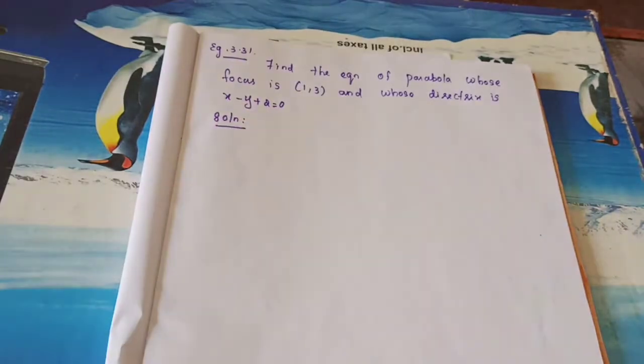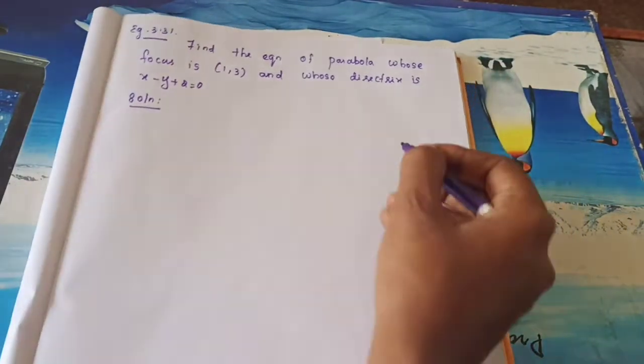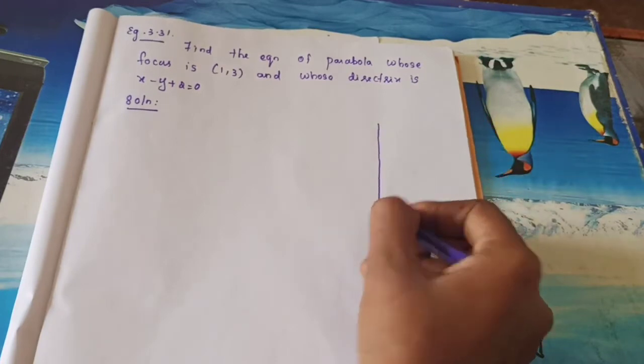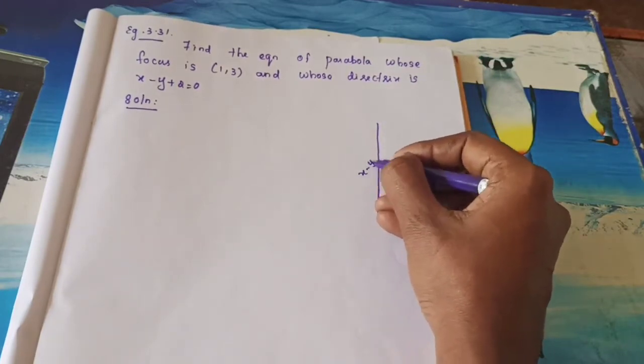Find the equation of the parabola whose focus is given and whose directrix is also given. Using that you can draw one simple diagram. This is the directrix.